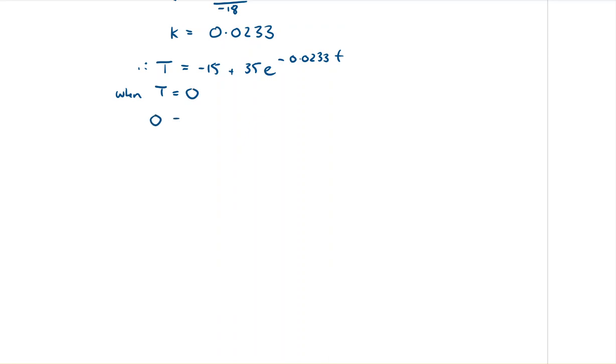So 0 equals minus 15 plus 35 e to the minus 0.0233 t. Add your 15 across to the other side. Here we go again, looks familiar, all this rearranging. Divide the 35. Do your sliding base.